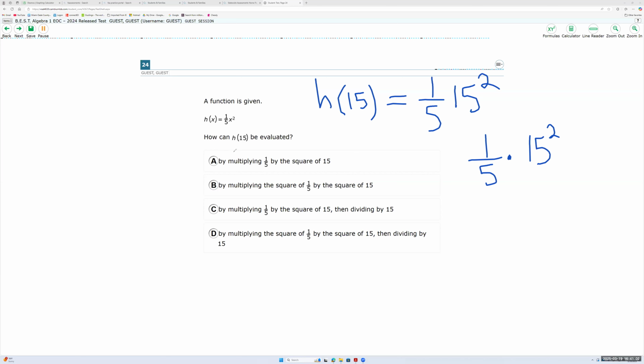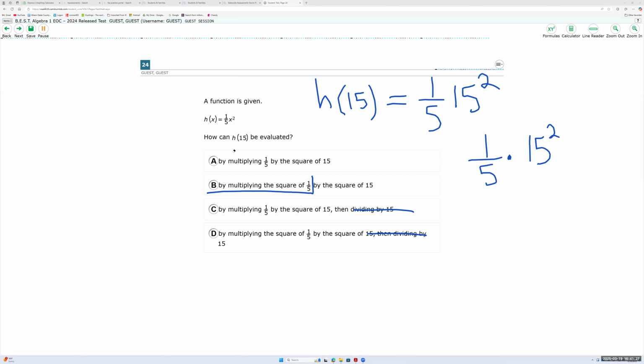Okay, so which option says that? There's no dividing. I don't know where that came from. We don't need to square the 1 over 5 because the exponent doesn't have a parenthesis that reaches the 5th. So that's not right. So the only answer that I have is A, multiplying a 5th by the square of 15.